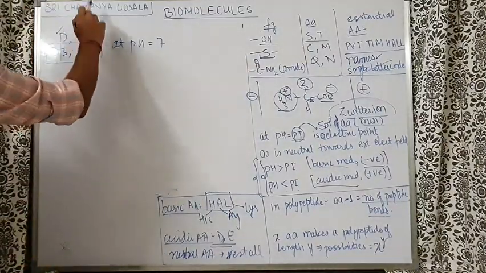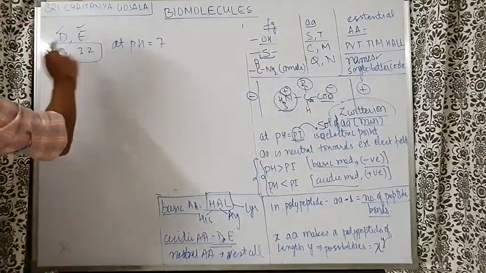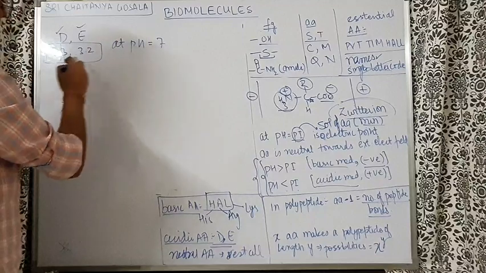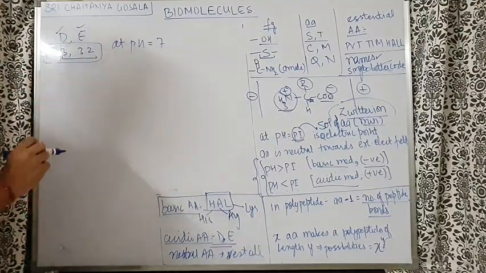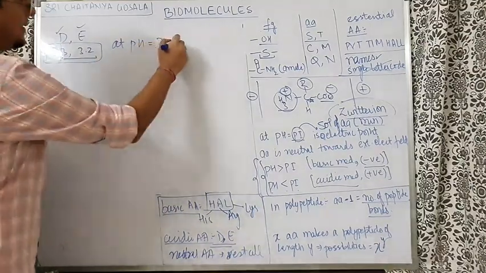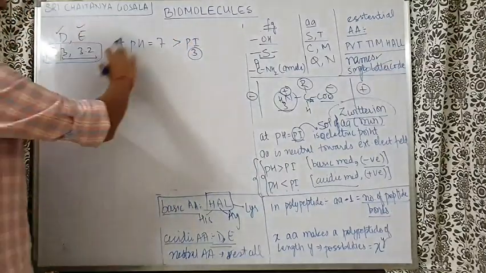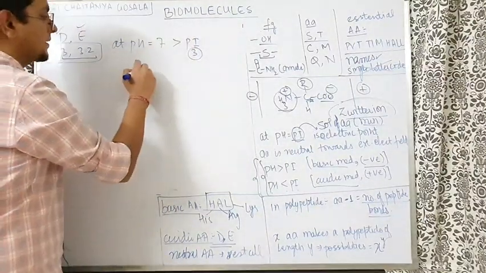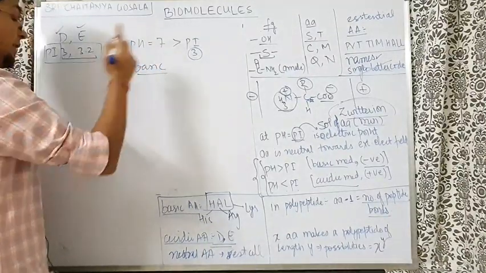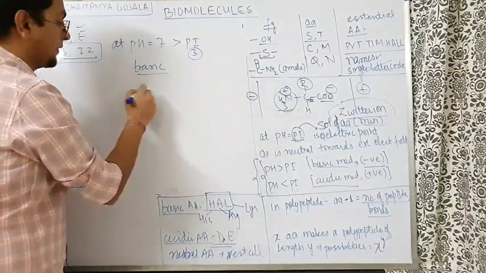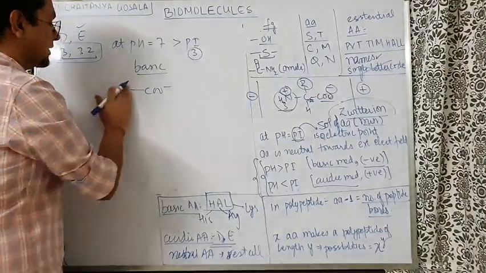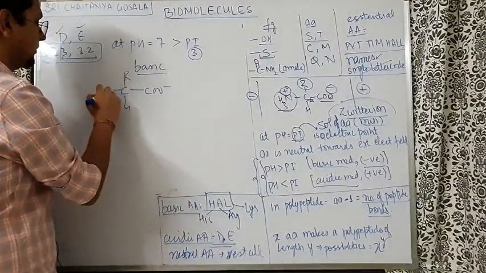But for aspartic acid and glutamic acid, pH 7 is more than their pi, because the pi value is around 3. So pH more than pi means basic medium. Who will react? The acidic part will react and the COO minus part will come.